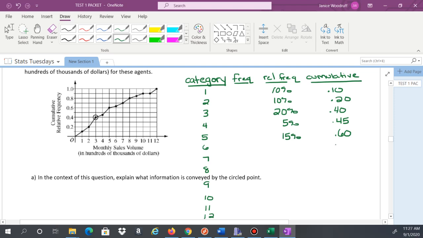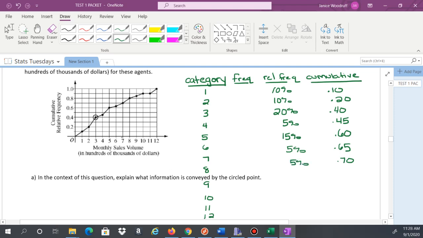Let's see, 6. It's not quite in the middle, but I'm just going to say it's 0.65 just to make it nice and easy. So that would be another 5%. Where are we at? 7. That's a 0.70. So that's another 5%.